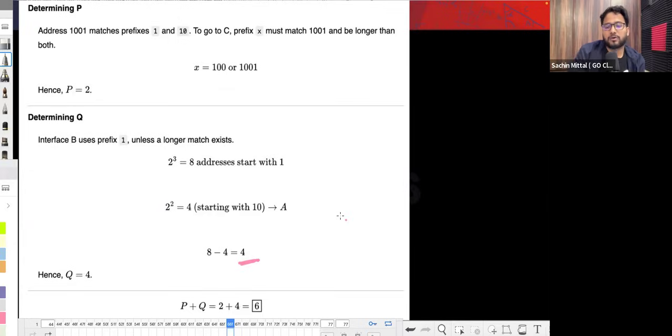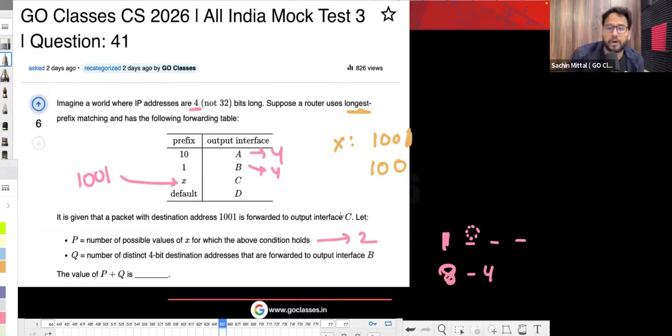This question was just checking whether you are aware of the longest prefix match concept. This concept has been asked in GATE earlier also, but not in this format. I hope you understood this question.